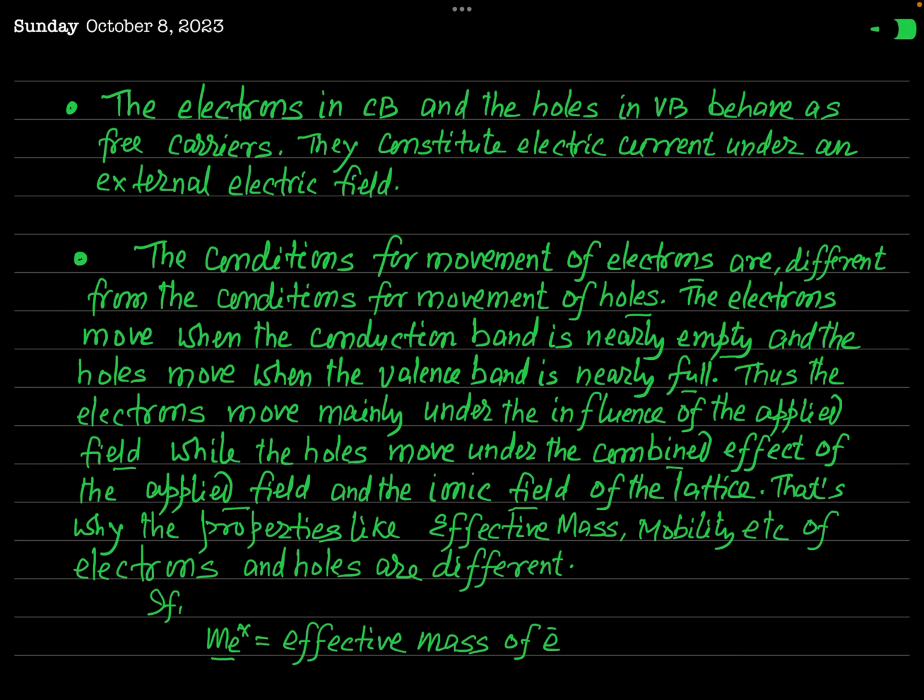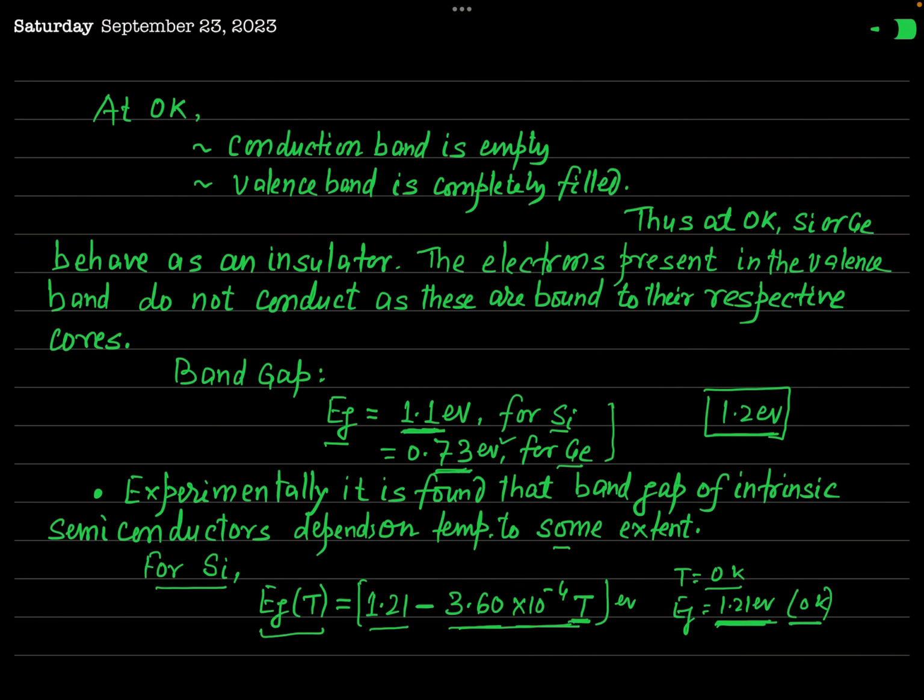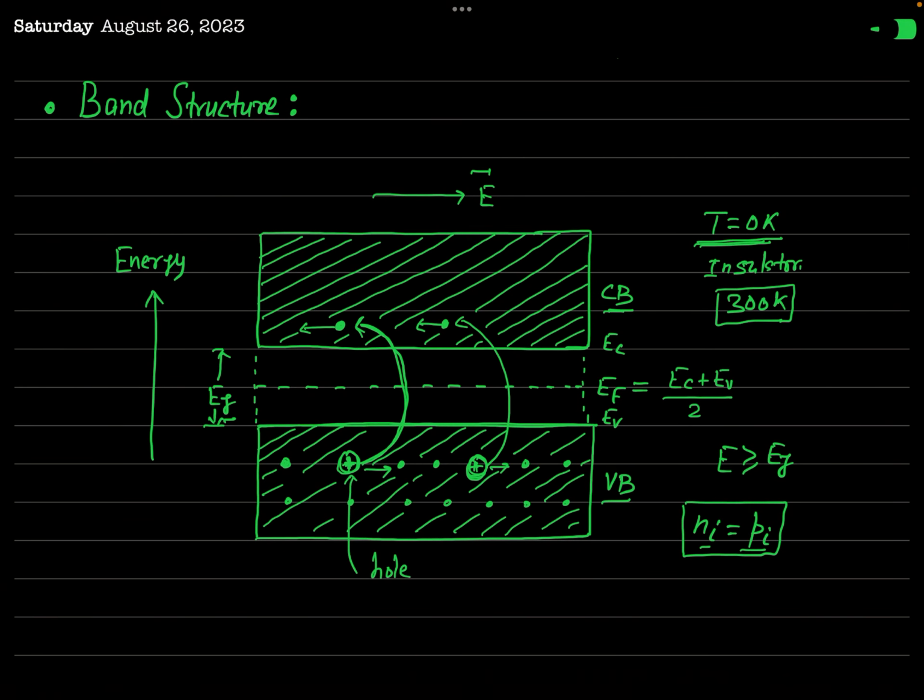Now, I have written all these facts here. The electrons in conduction band and holes in valence band behave as free carriers. They constitute electric current under an external electric field. But now, let us see the physical condition under which the hole is moving under the electric field in the valence band, and the electron which jumps from valence band to conduction band, which is called a free electron, moves under the same electric field.